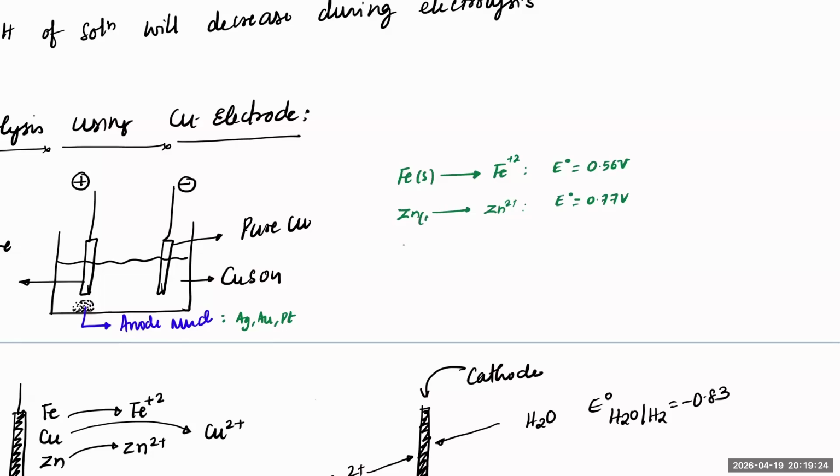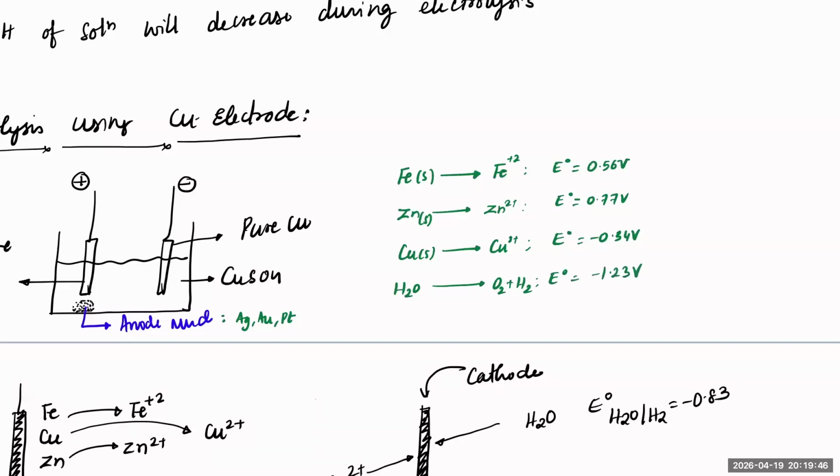And copper trying to get oxidized, its E naught value will be minus 3.4 volts. And water, if it wants to get oxidized to give O2 and H2 gas, we just learned that its value is minus 1.23 volts.